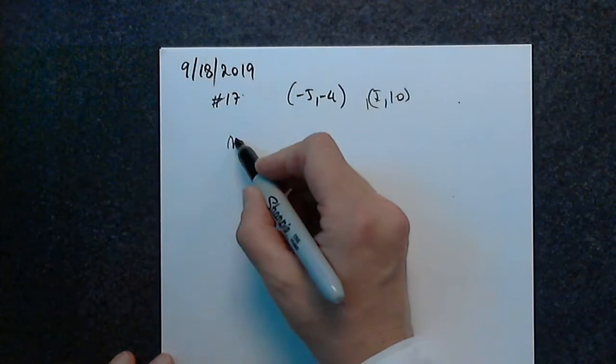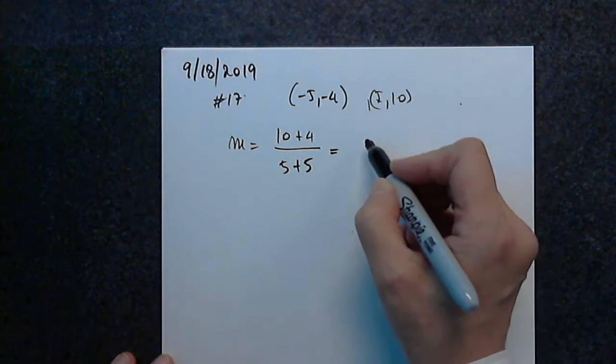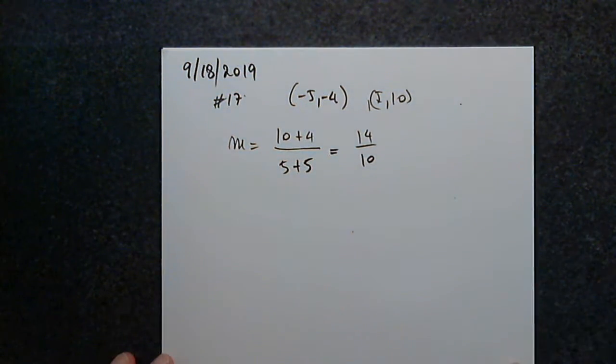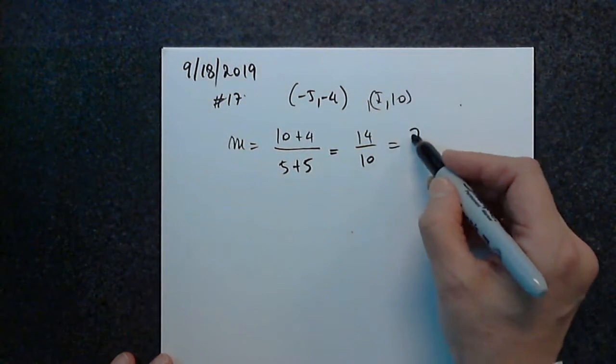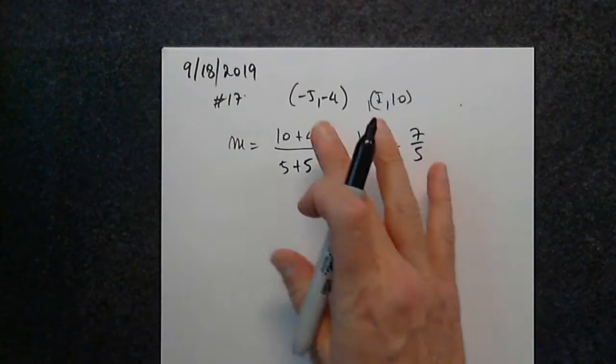Very good. Thank you. So this is 10 plus 4 divided by 5 plus 5, which is 14 divided by 10, or 7/5. So we determine the slope. Any questions? Is this okay? Yes. Okay, perfect.